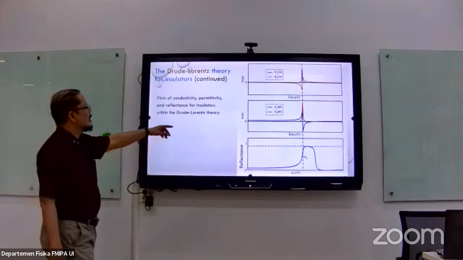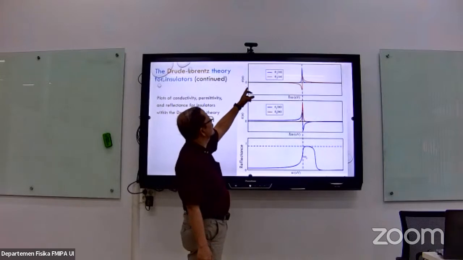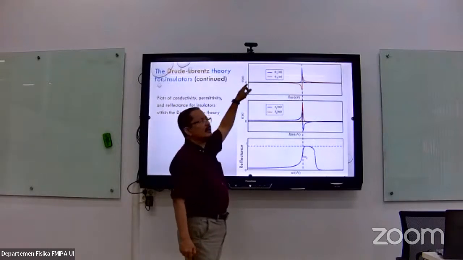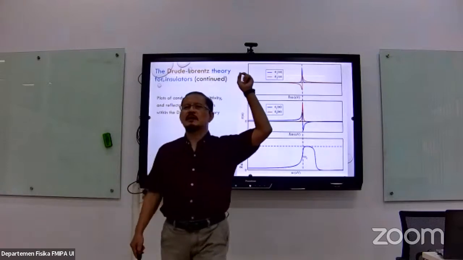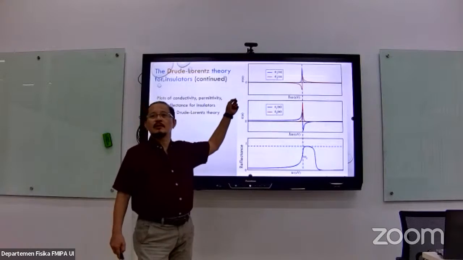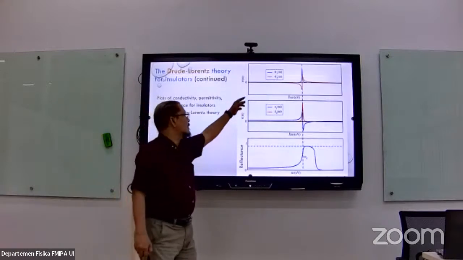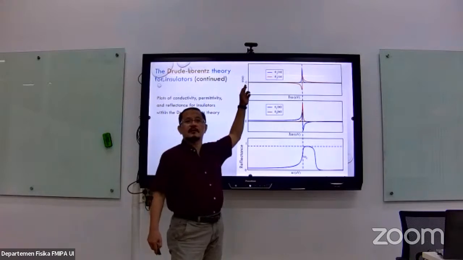Okay, look at the sigma curve. If I'm asking you, the blue one is the conductivity curve. So what is the DC value of the conductivity of this insulator from the curve?